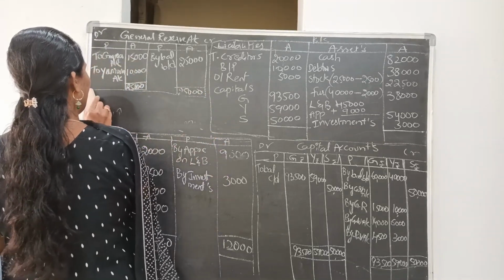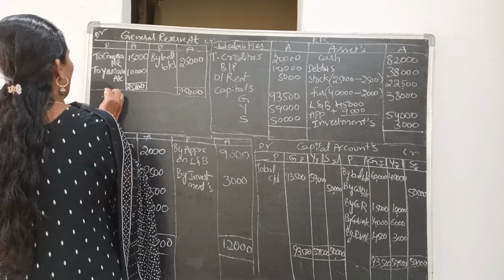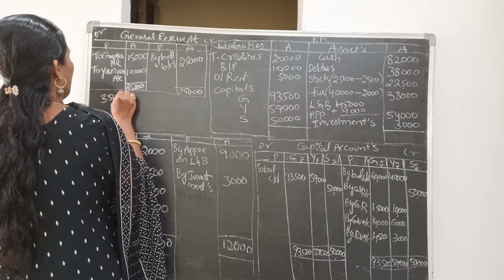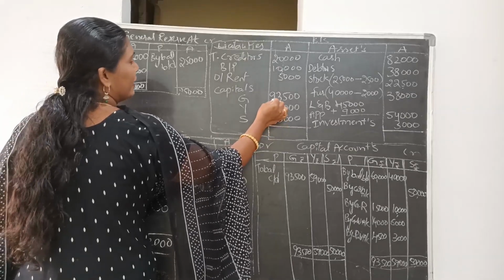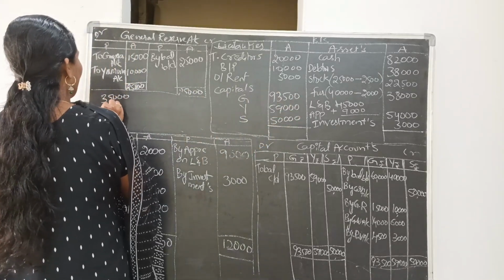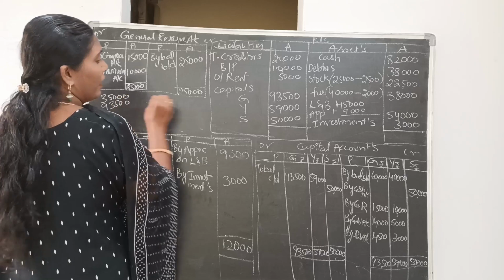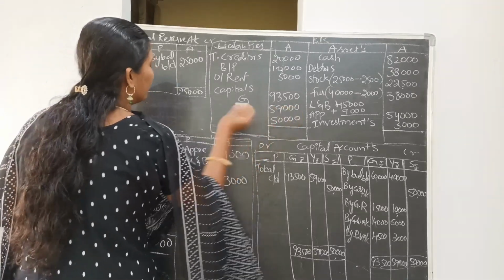I will rub here to make the total. Liability side 35,000 now and 93,500, 93,500, 1,09,000.